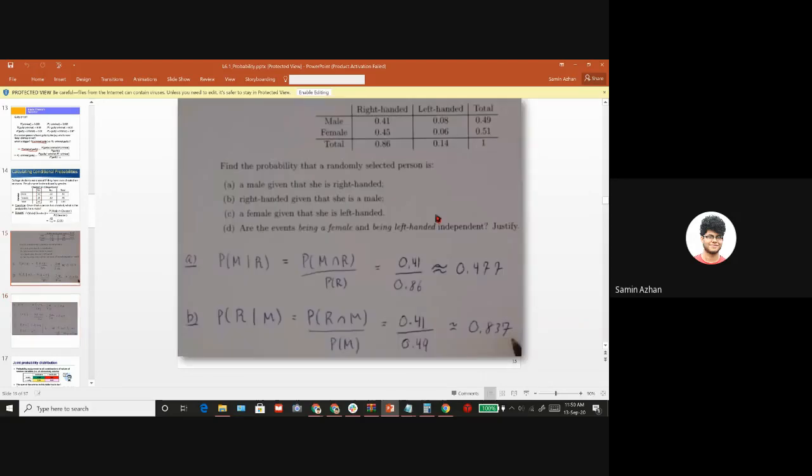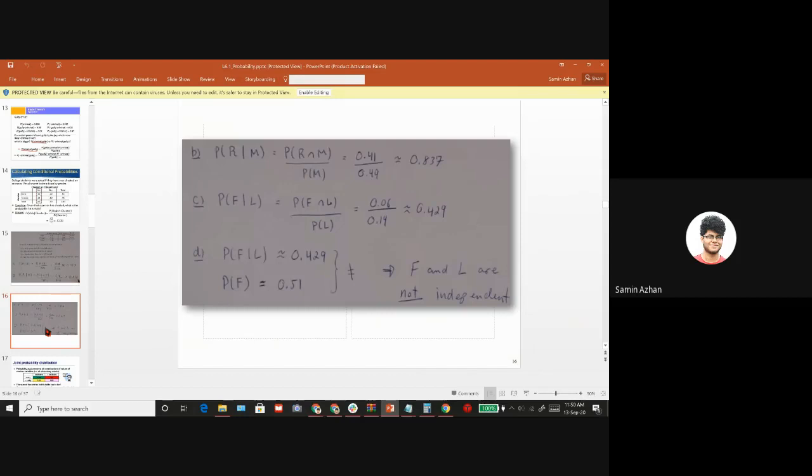Now, the difference in the last question is whether the events of being a female and being left-handed are independent. How can we determine if two events are independent of each other? To find that out, we have to figure out the probability.